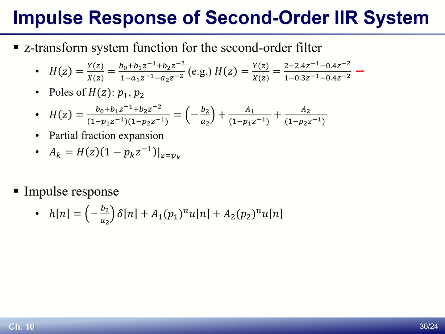So here we consider this improper fraction. It is 1 plus 0.5 z^-1 minus 0.8 z^-1 minus 2.1 z^-1 plus 1.